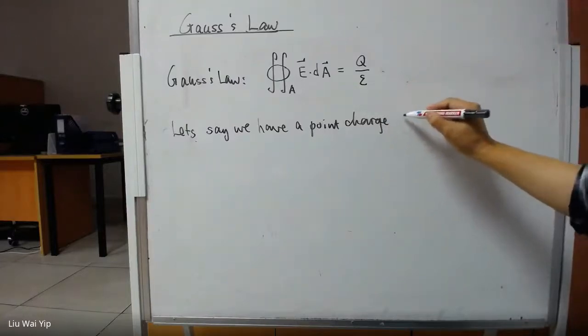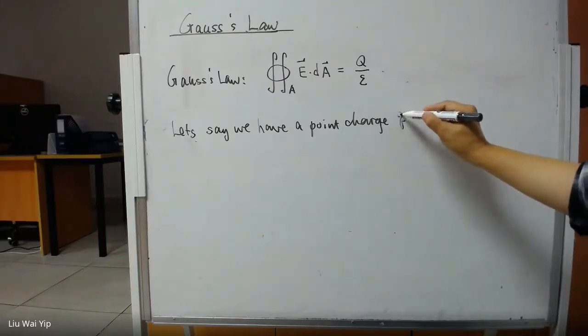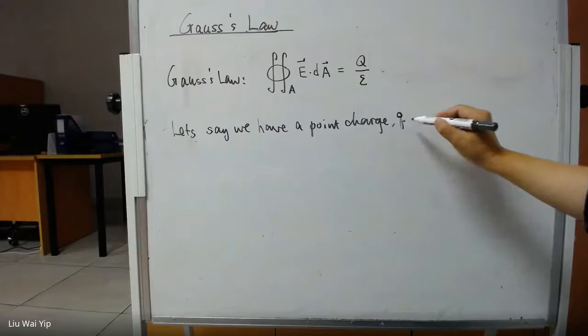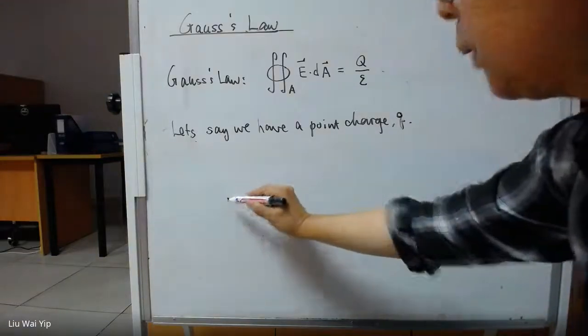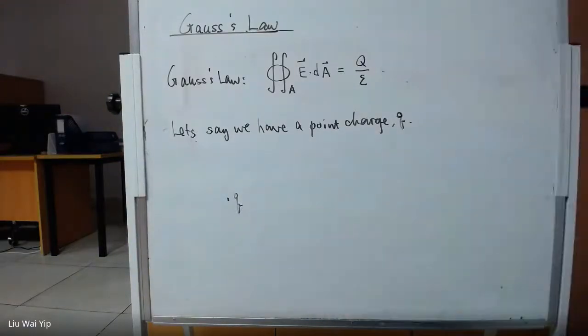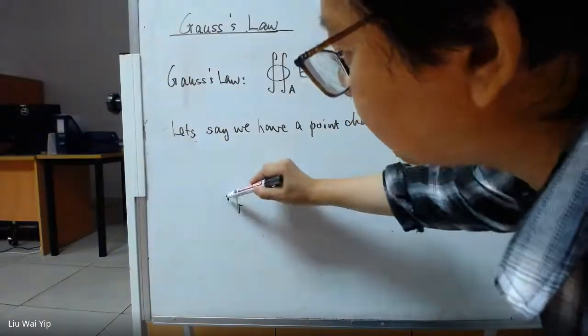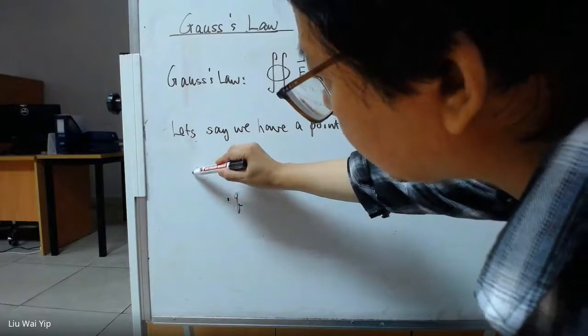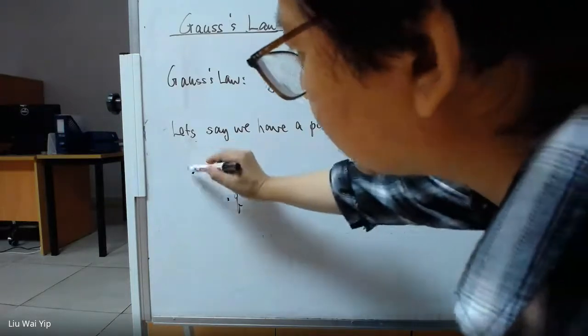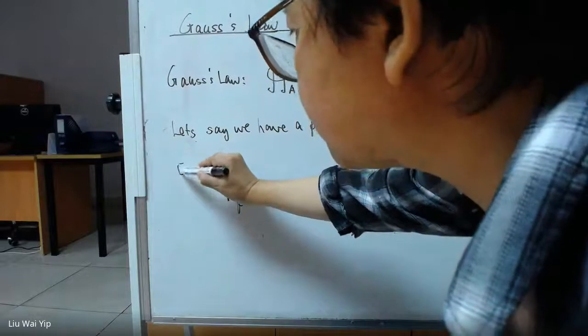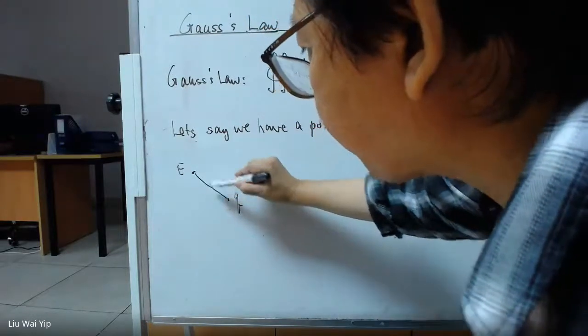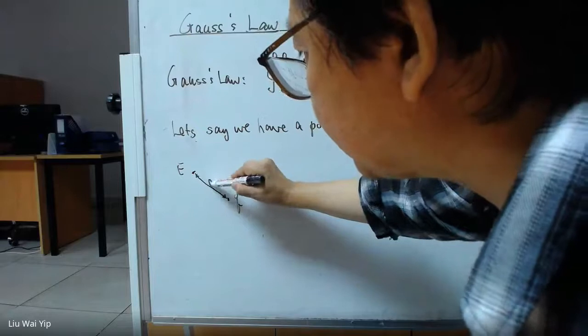This is the point charge Q, and you are going to measure the electric field at a distance. Say the distance is A away from the charge source. So you are going to measure the electric field at this point, and the distance here is A.